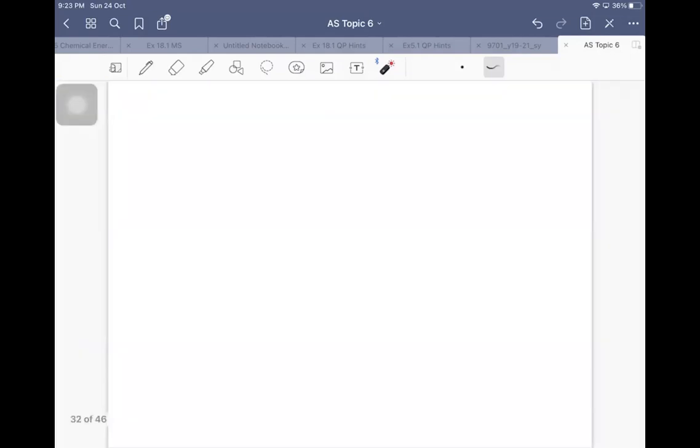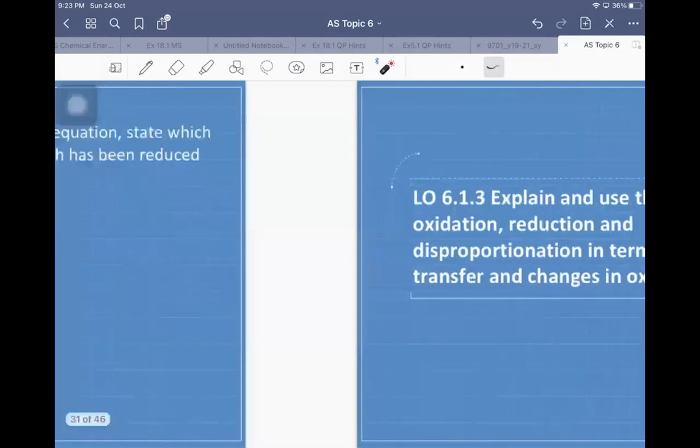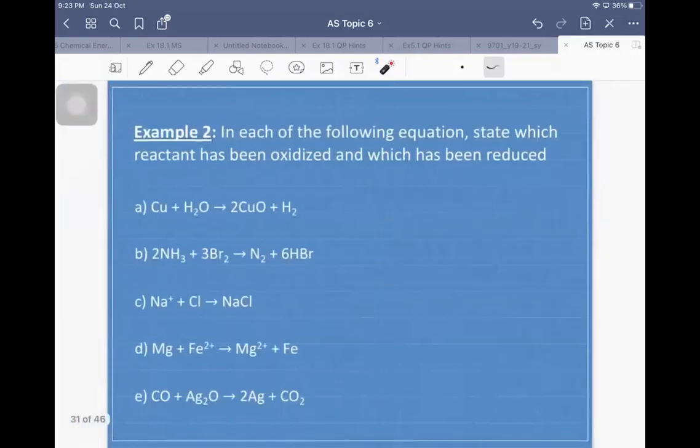So we'll stop here and please try to do example 2. Then you answer it on your notes, and later on I will ask you to write down the answers on forms, and then you can just mark it yourself. Check whether you have gotten the correct answer or not.